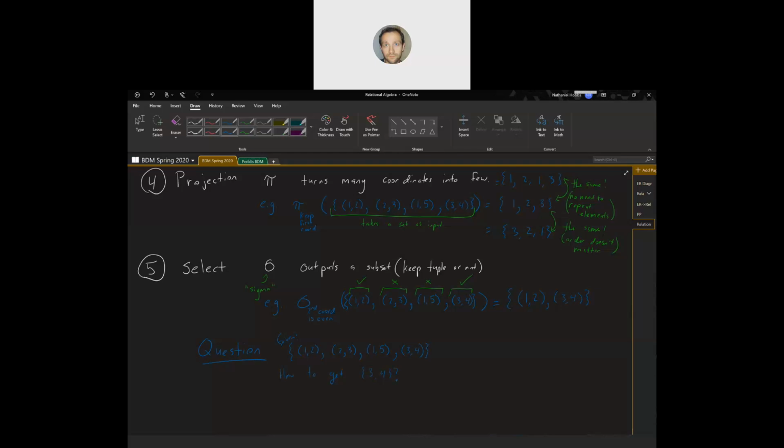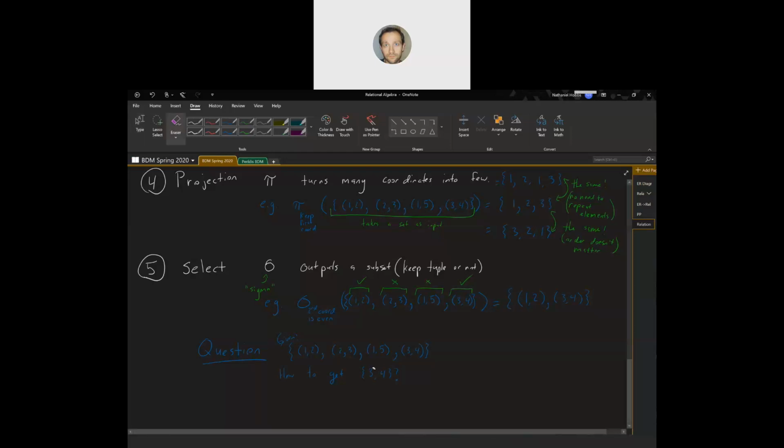Sorry, Danielle. Which function is this? Pi or sigma? And everybody else, keep giving answers if you can. Sigma. Jamie, no, you're not getting 2, 4. Oh, I'm sorry. You're getting 3, 4. Yeah, you're right.